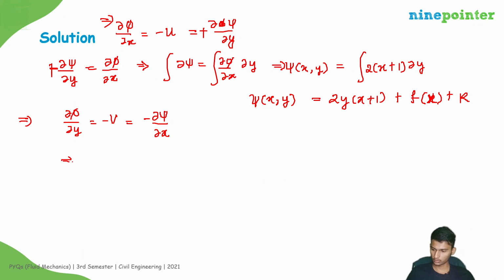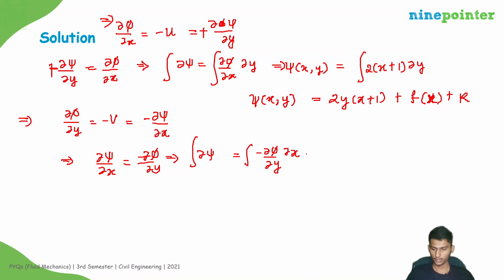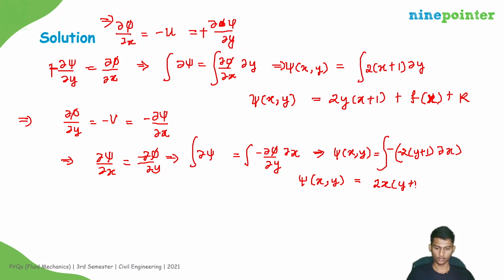So from this, integrating minus ∂φ/∂y into ∂x, we get ψ(x,y) equals 2x(y+1) plus some function f of y plus some constant t, let us assume.